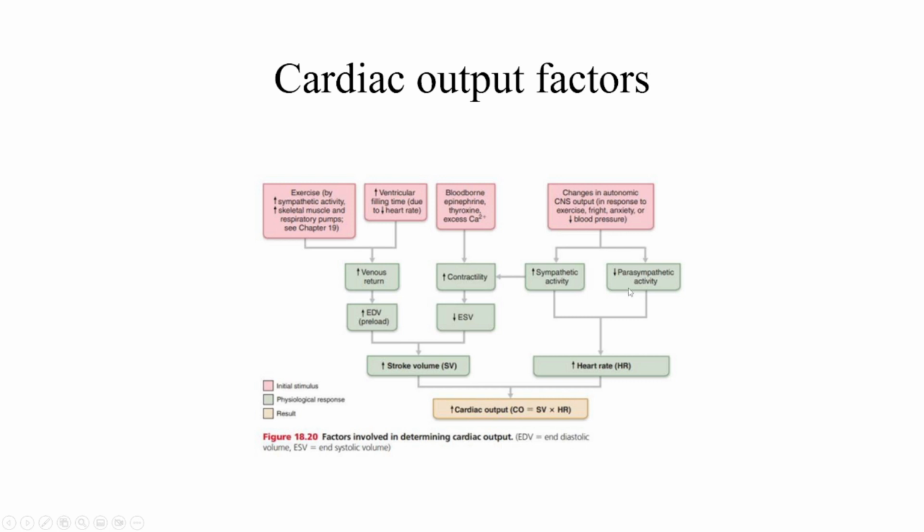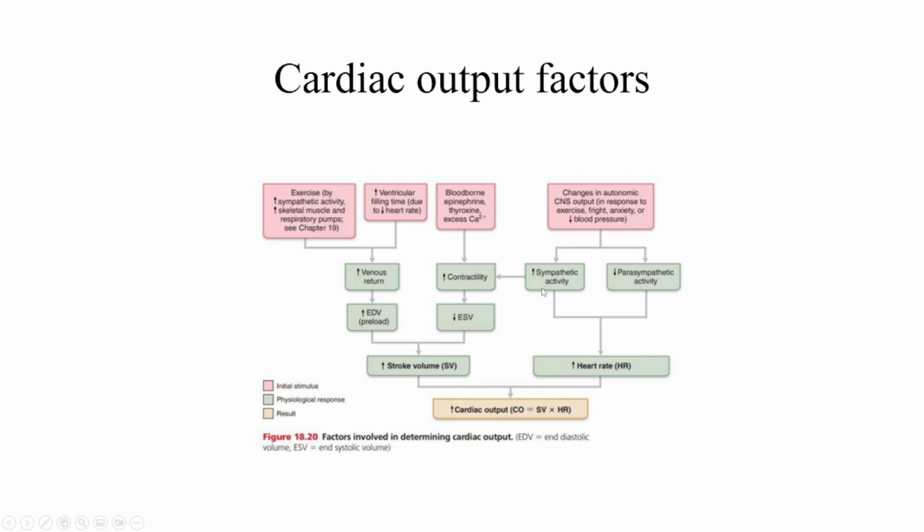So this will lead to a decrease in parasympathetic activity, but an increase in sympathetic activity. This sympathetic activity will increase the heart's contractility, and then of course the rest of that part of the diagram would play out.